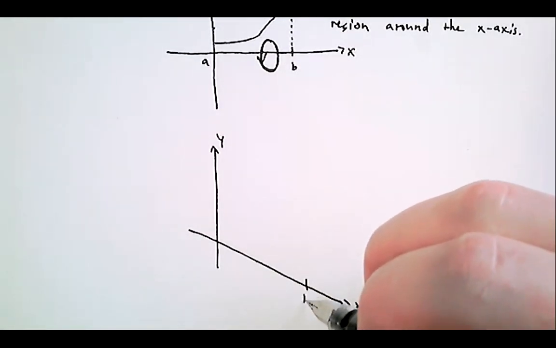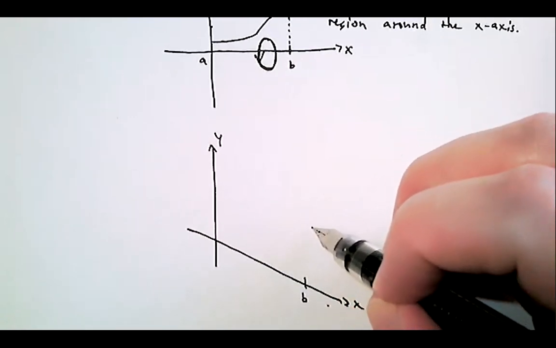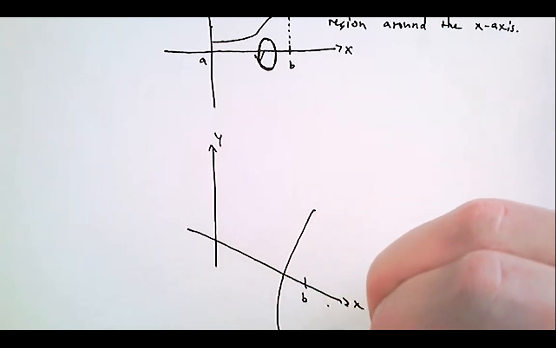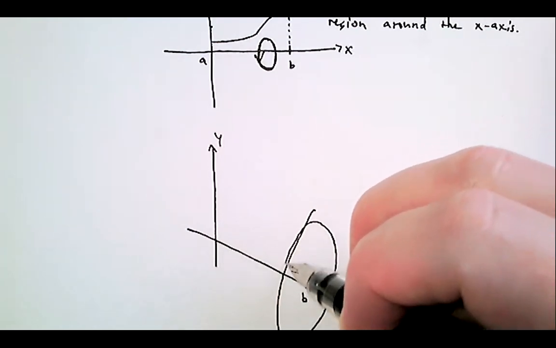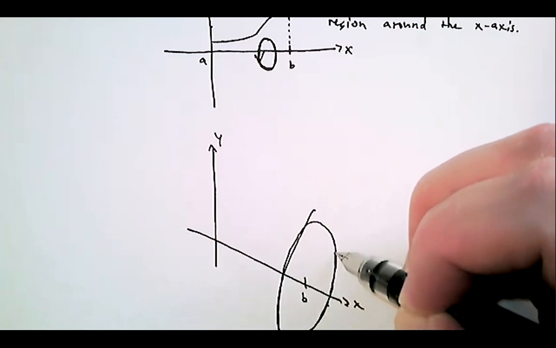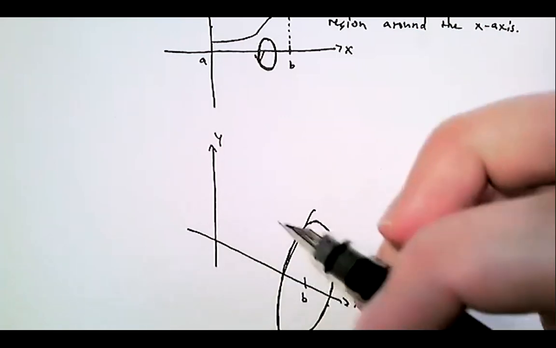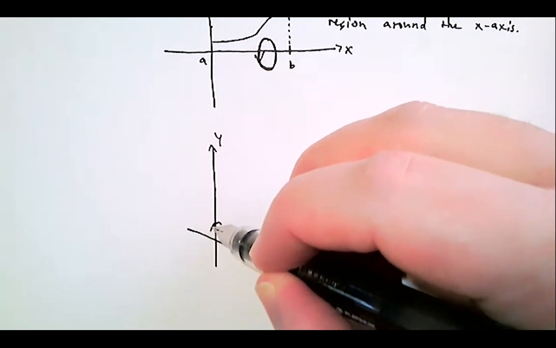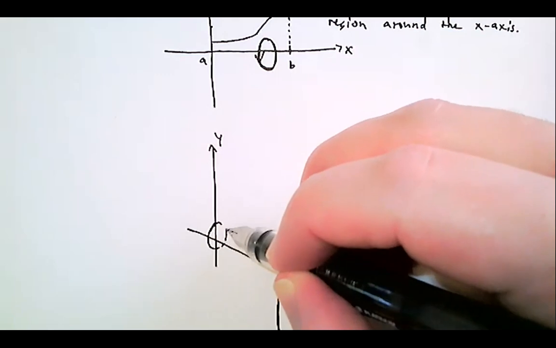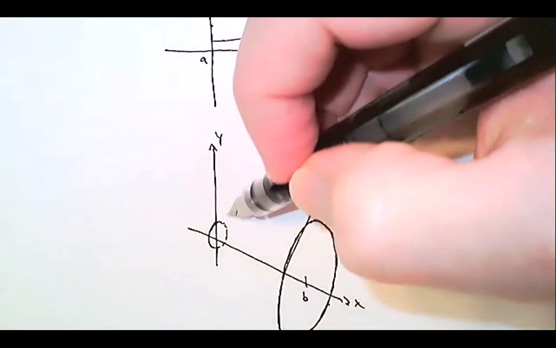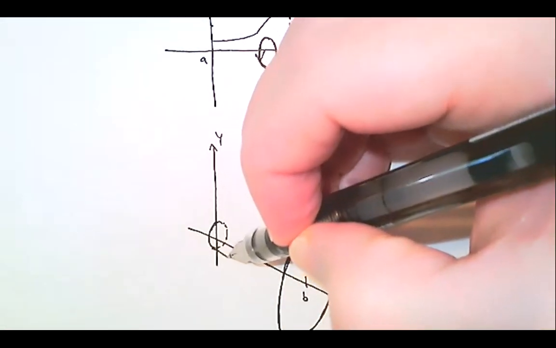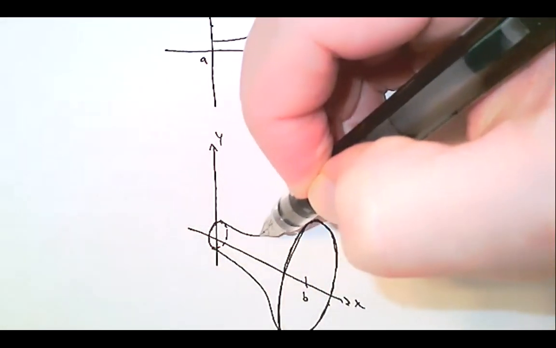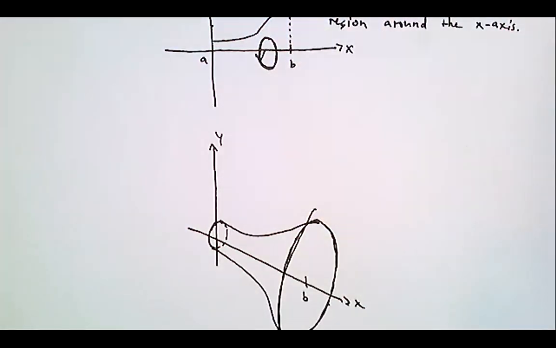Here's my endpoint B. Like I said, I'm doing my best to draw in perspective with my limited skill, but hopefully you get the idea. Okay, so now it's a round shape. Something like this.